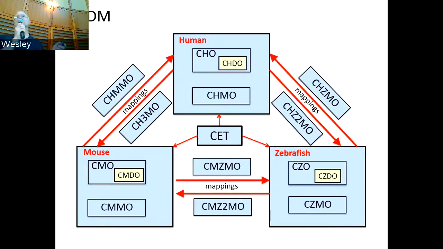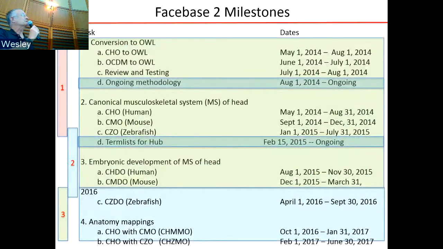Now, this is what we're basically developing for FaceBase 2. So the milestones for FaceBase 2: in year one, we basically converted to the semantic web language called OWL. So we were doing all our development in OWL, and that means we're able to be compatible with a lot of other ontologies out there. These highlighted areas are things we're still working on.